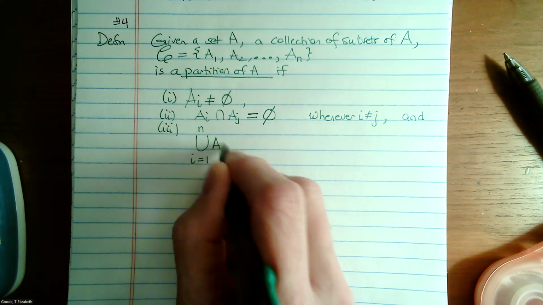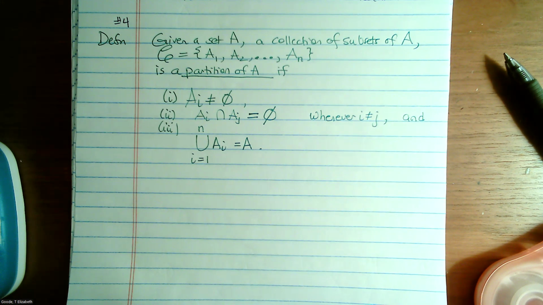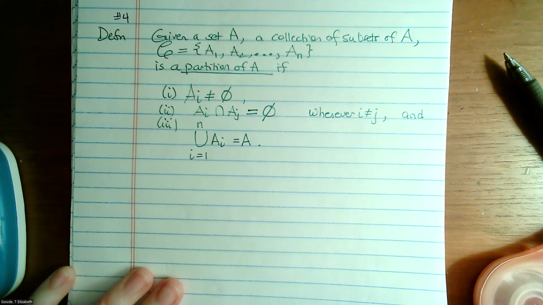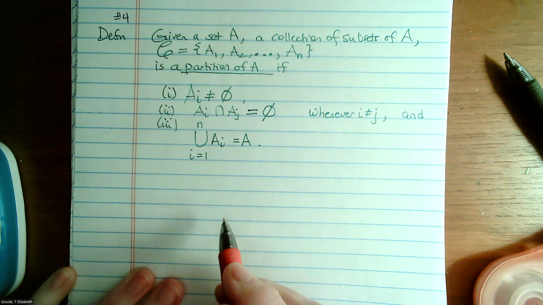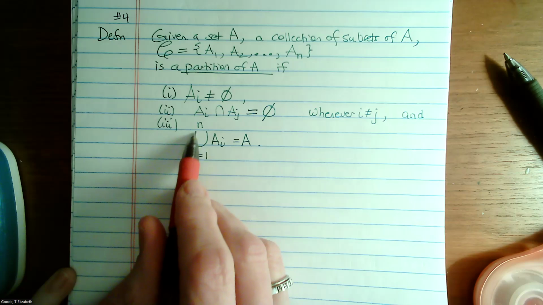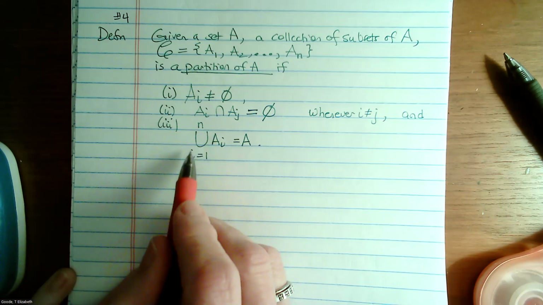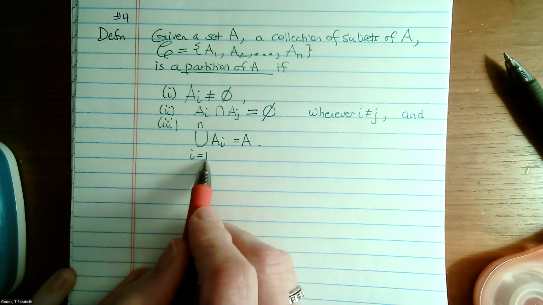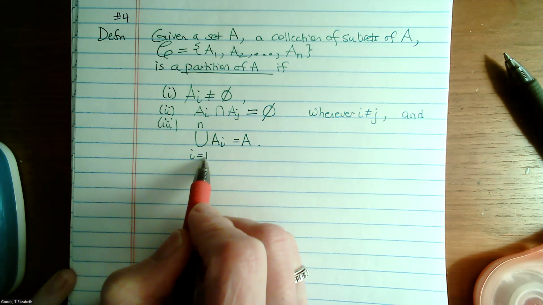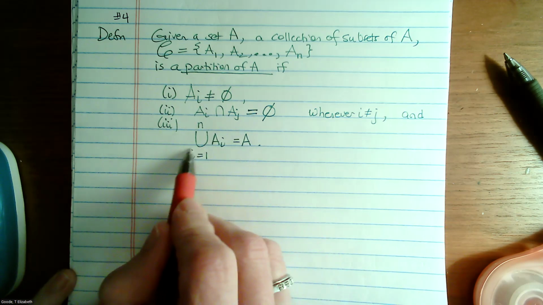Hold on. The union from i equals 1 to n of A sub i equals A. You always read the union first. It's weird because we don't usually read from bottom to top, but we always want to read the lower limit first.